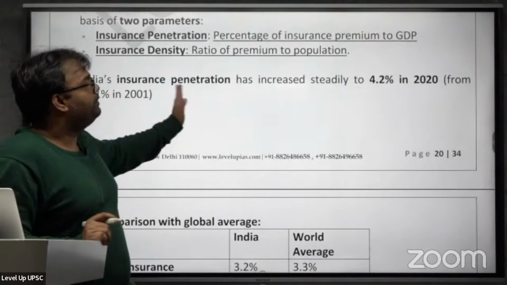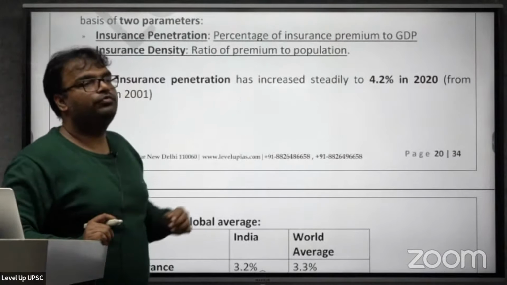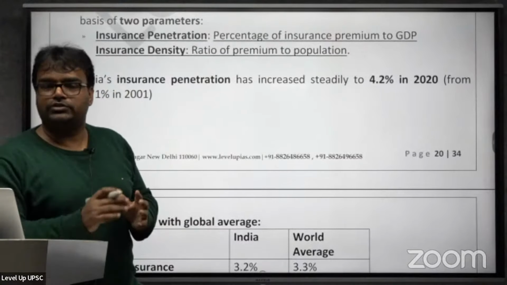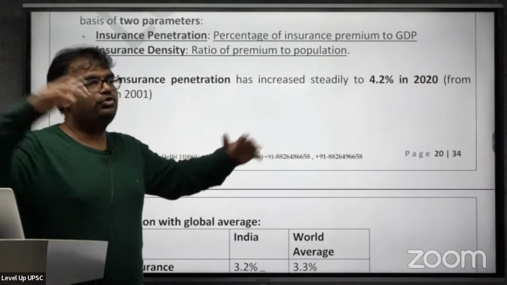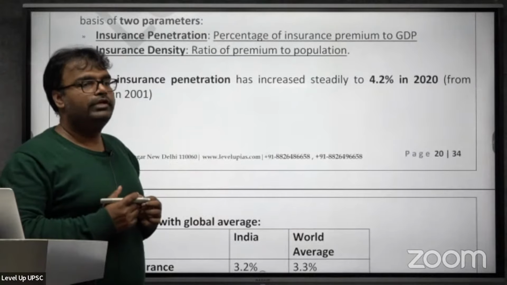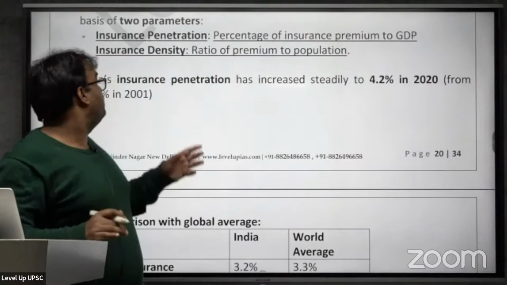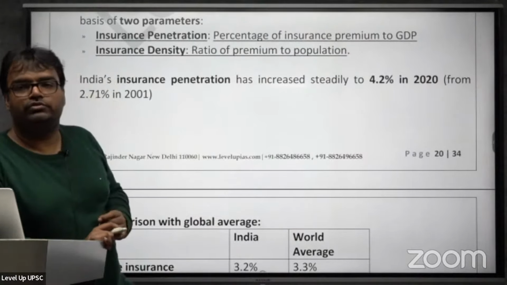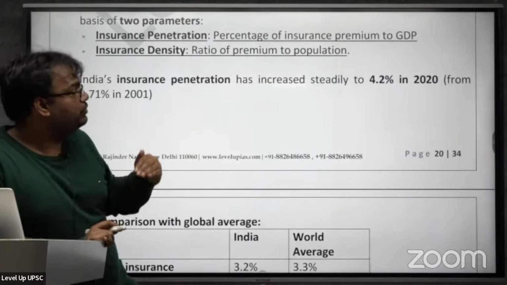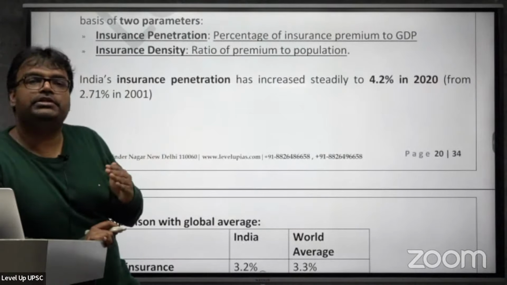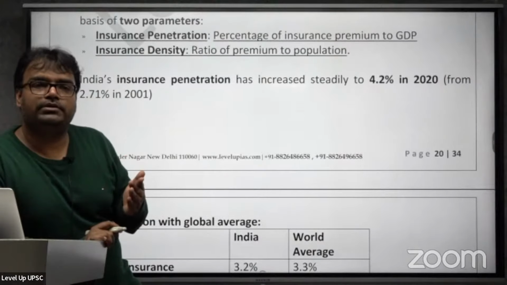तो India's insurance penetration has increased steadily to 4.2%. That is, of our total GDP, 4.2% is going in the form of insurance premium. This number was 2.71% in 2001. So from 2001 to 2020, our insurance penetration has more than doubled.